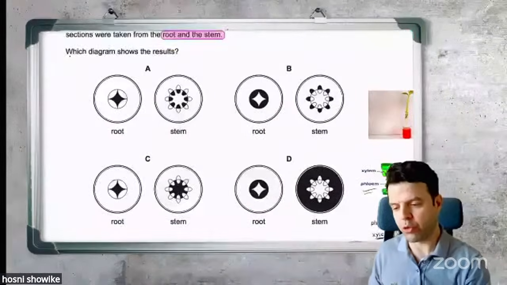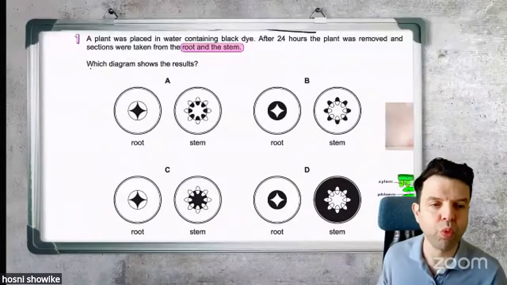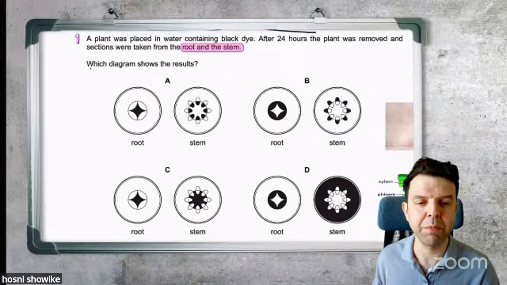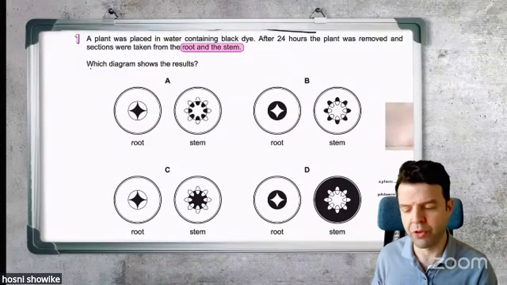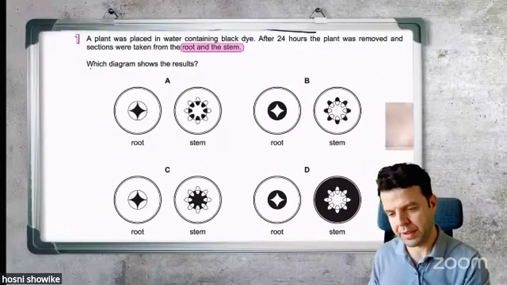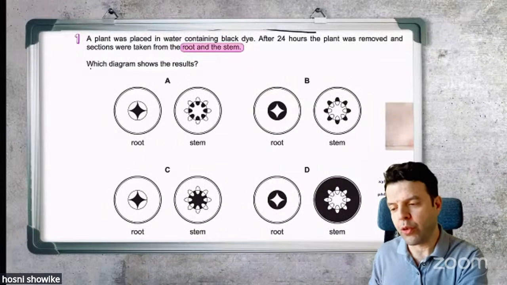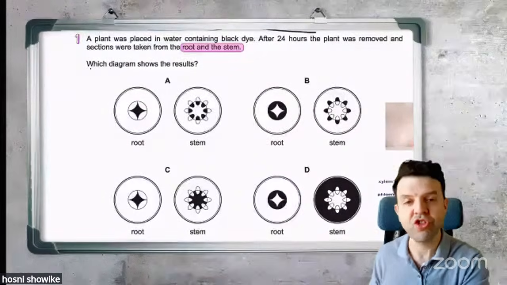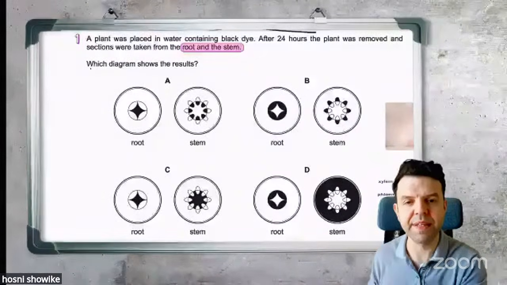So take a close look at the diagram and tell me which one is the right one. Which one is the correct labeling of xylem and phloem? What do you guys think? You need to figure out that the shaded part is going to be xylem, right?